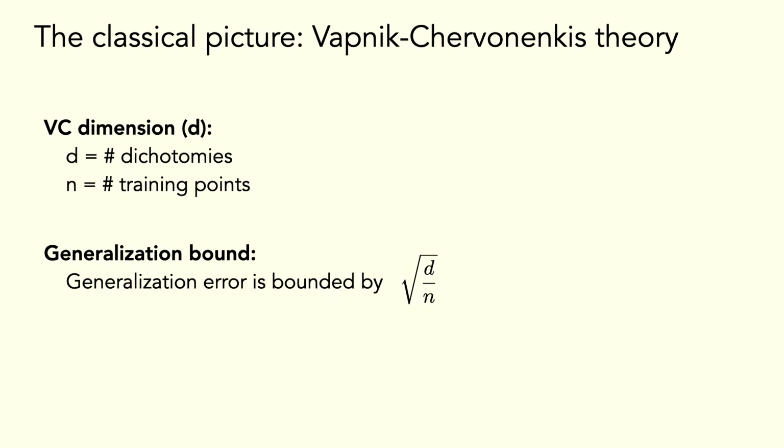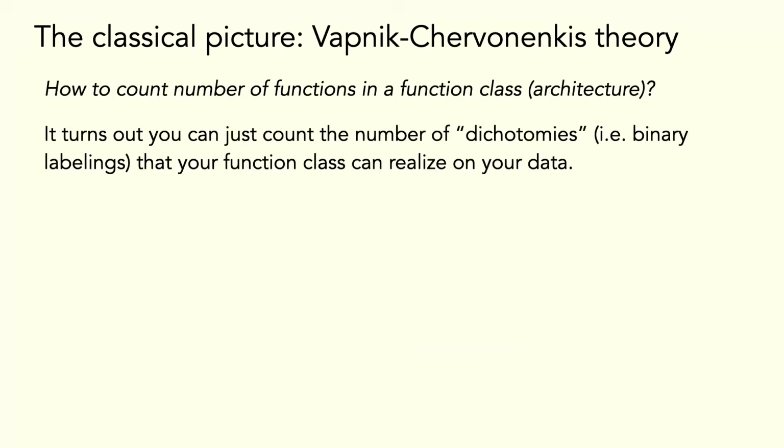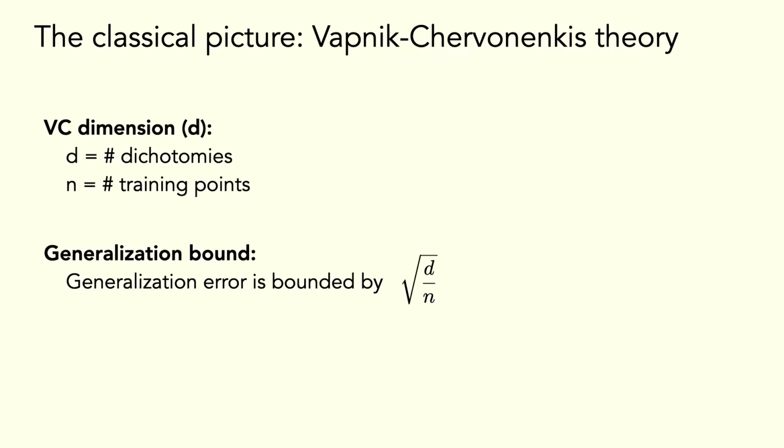There are more functions under consideration, so d is increasing. But as I add more data, n, that will rule out more and more of the spurious fits. And so we have this ratio, and we say that our population error will be bounded by this ratio. Okay, so the cartoon argument is the same, but you can prove under some conditions that this is the exact bound that you get. Let me finish this argument, and then we'll take a few questions.